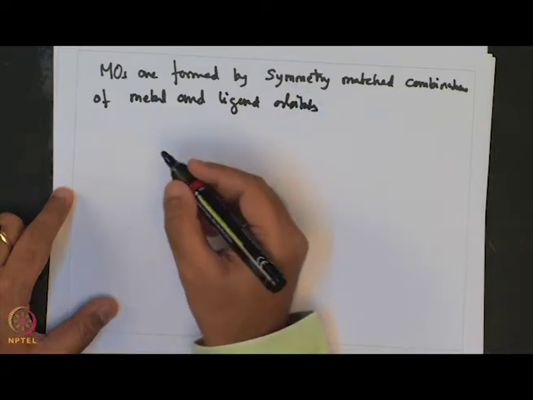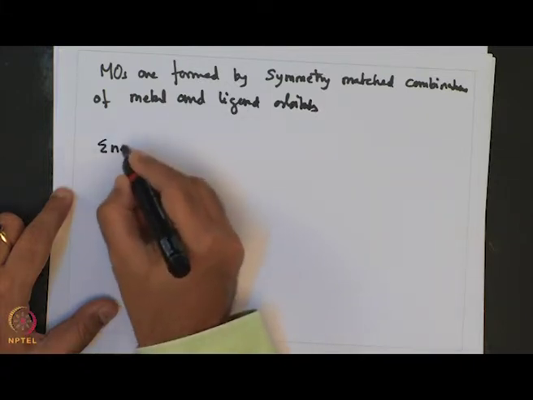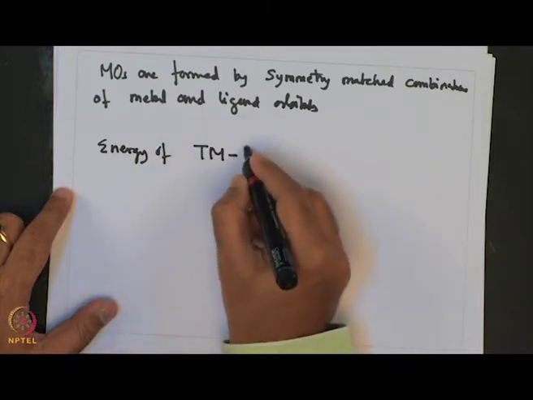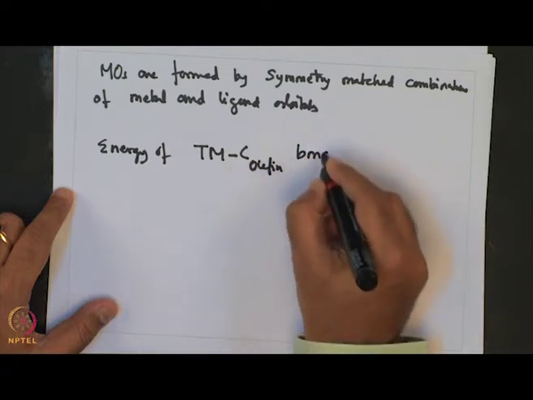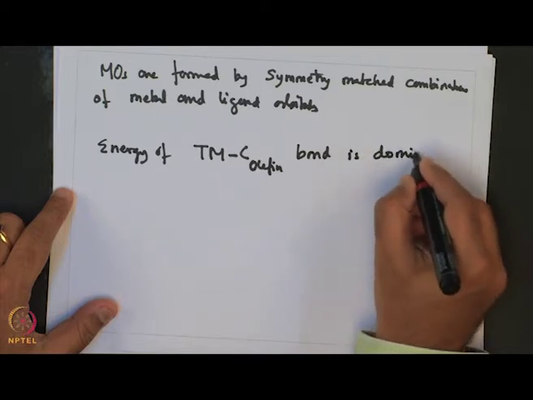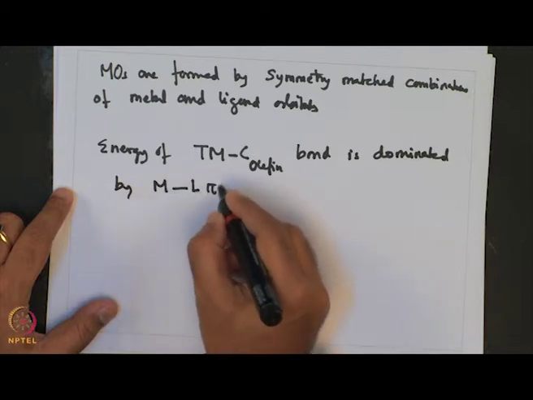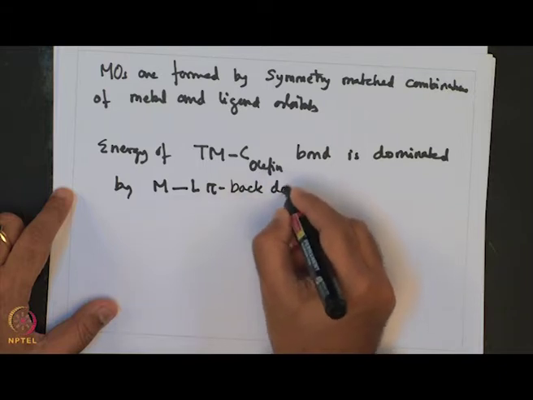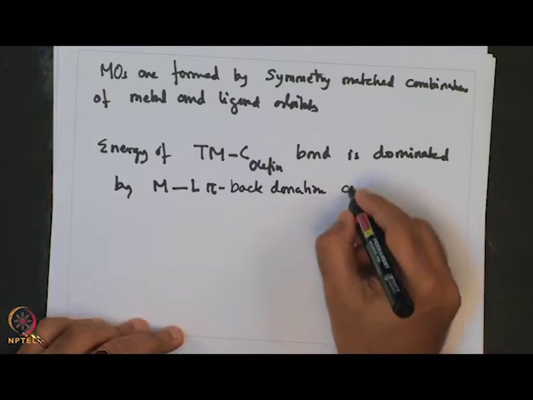So, the energy of the transition metal olefin bond is dominated by metal to ligand pi back donation contribution.